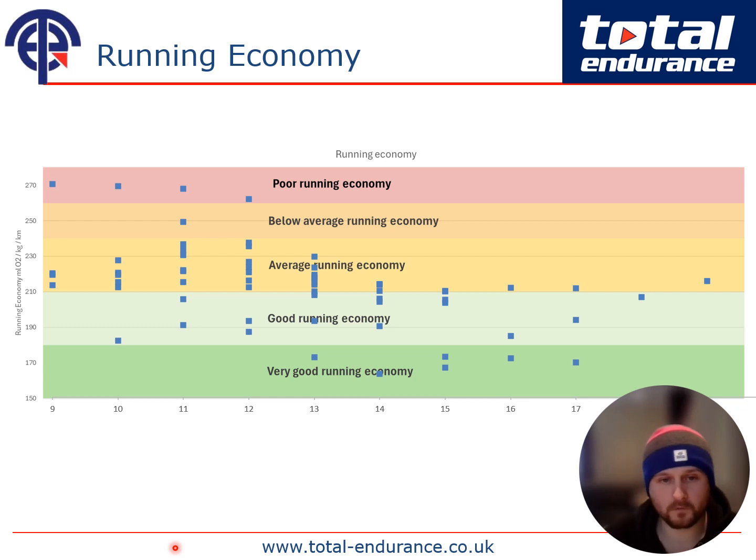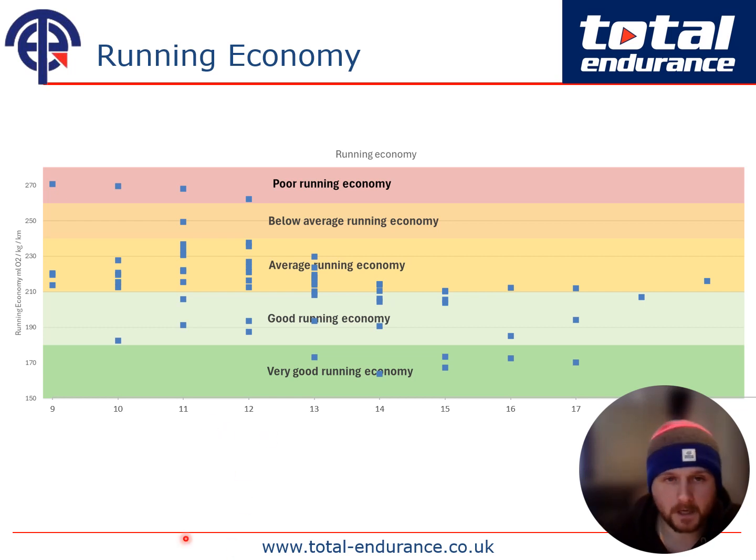All I get from that is that the runner at the bottom is going to be a better endurance runner all day of the week. The runner up here is going to need to improve running economy, and they're also going to burn through a lot of oxygen, probably burn more carbohydrate, partly because of that as well. But it's quite interesting just to see that.